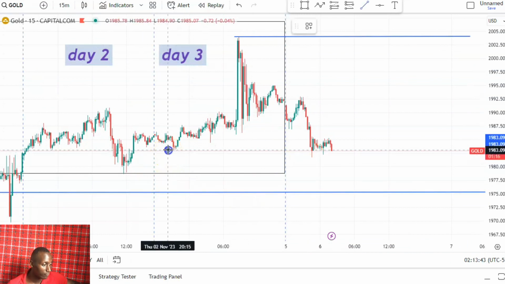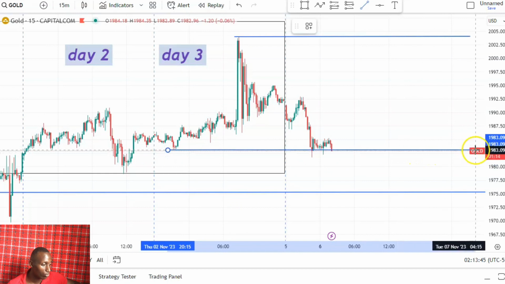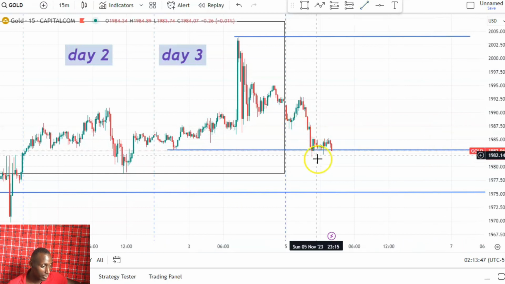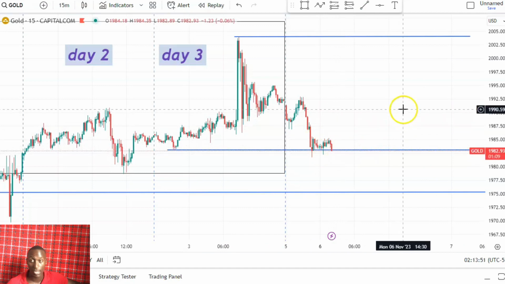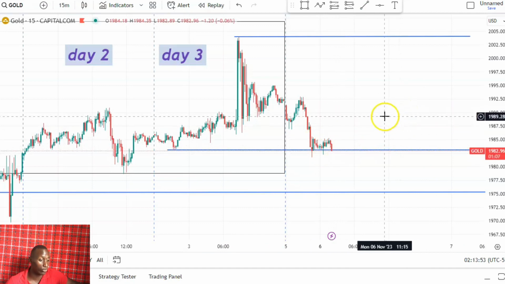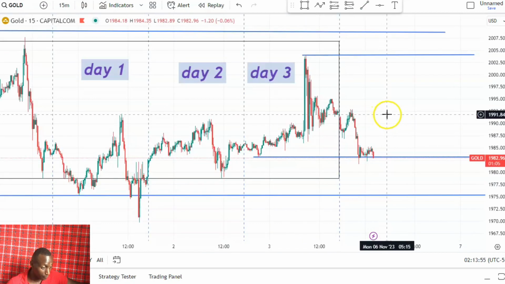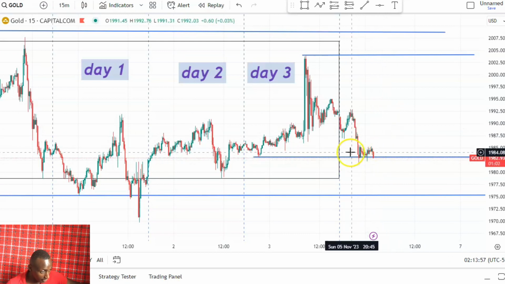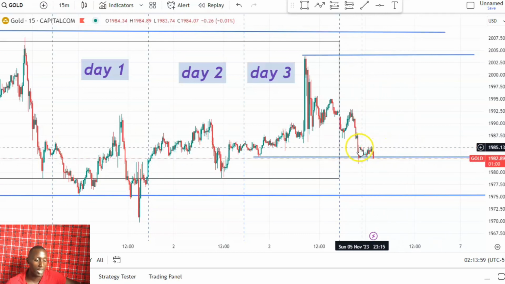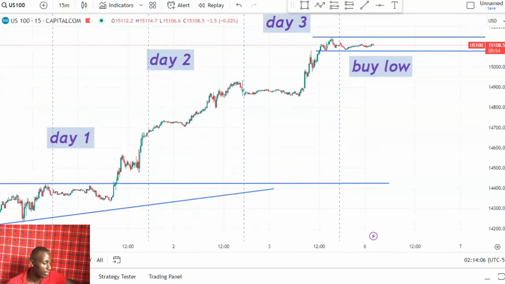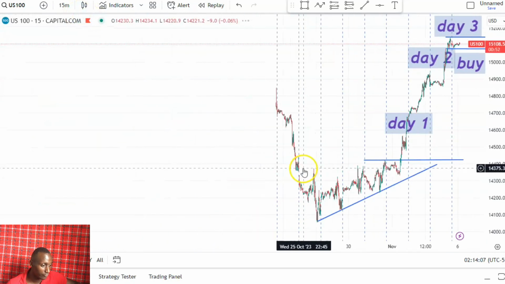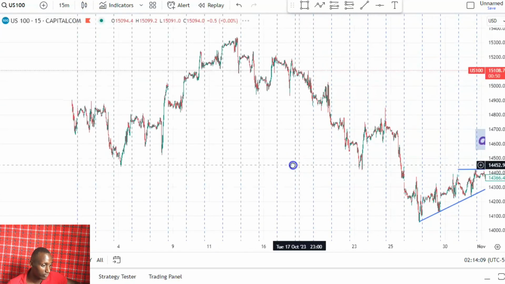We also have the previous day's low, and price has been pinning that area, working that low. I don't know what price will do today, but this is an area where I'm looking to see how price behaves.